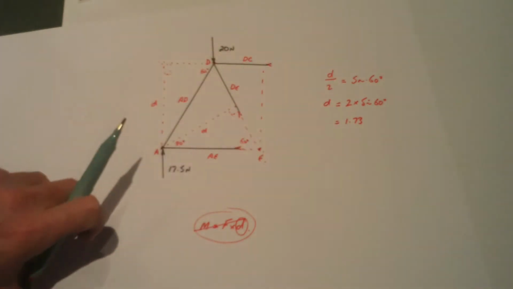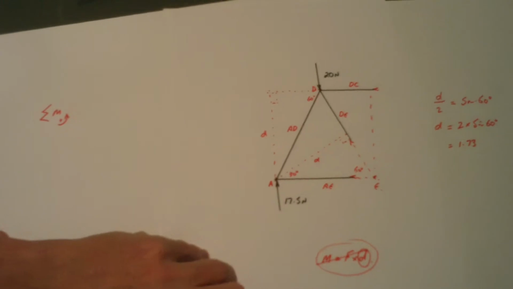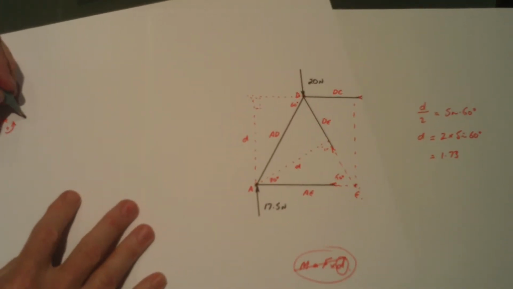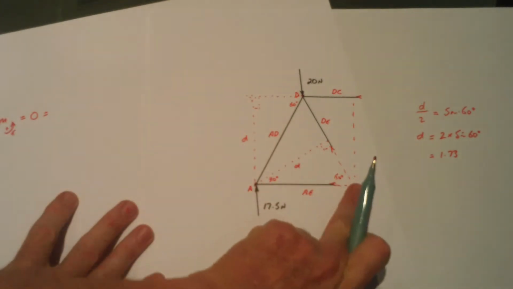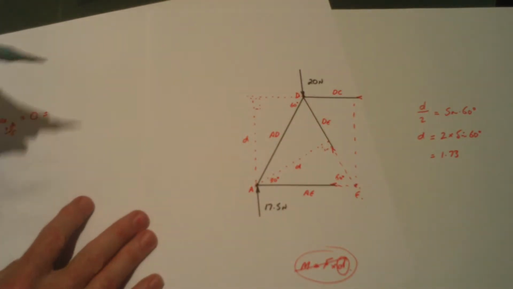as 1.73. Keep that in mind. We've got to have it all balanced out to 0, and we're going to use E as the point of rotation. Now we're looking at what forces are to the left of us, because the right has been removed.